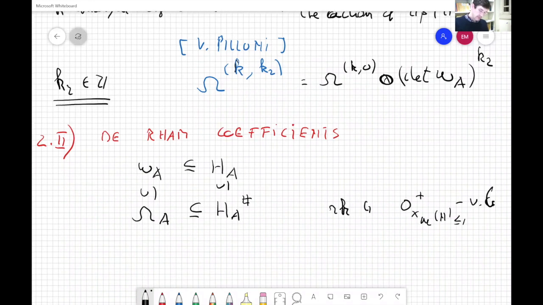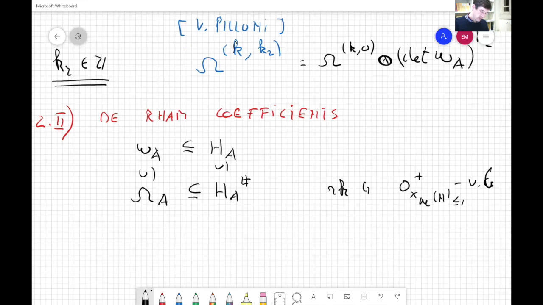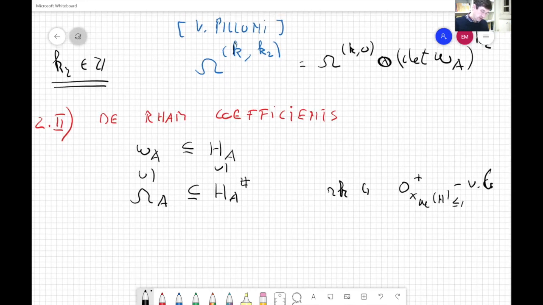And actually, we can play the same game as above. So I can define V0 of this HA sharp dual, L dual, A1 dual. Okay.